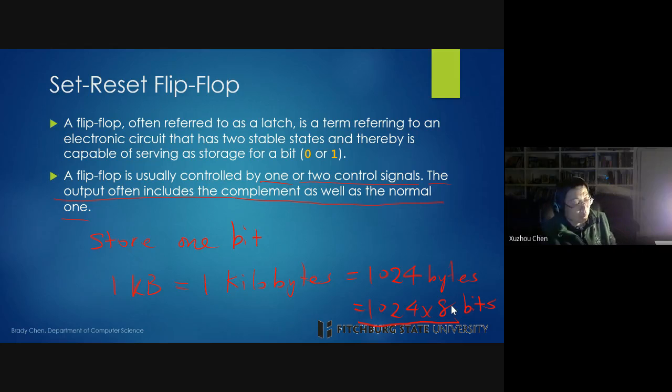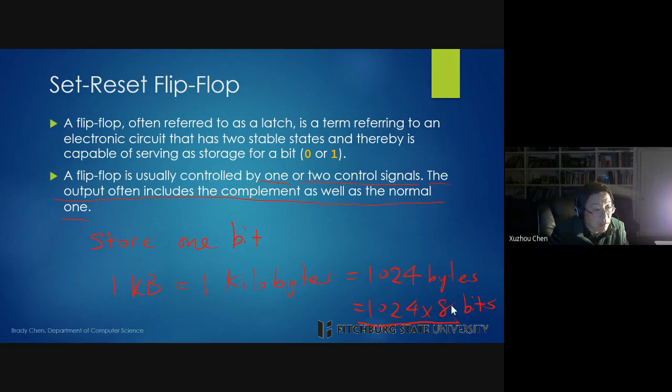But that's okay, because modern technology allows people to make flip-flops extremely small, so you can basically put millions, or even hundreds of thousands, or even billions of these gates or switches in one circuit. So you can think about how many bytes you can store with integrated circuits.